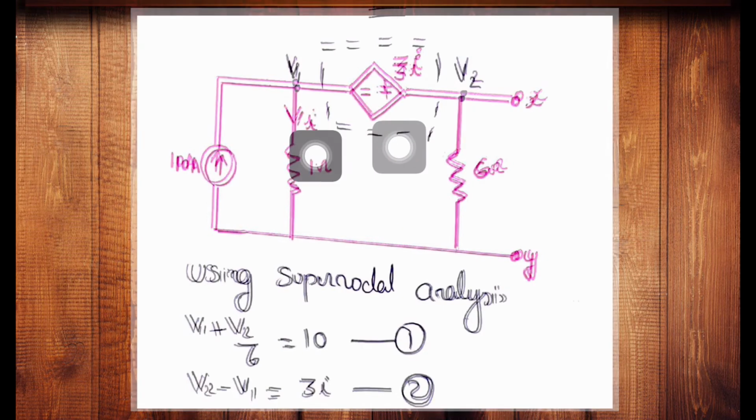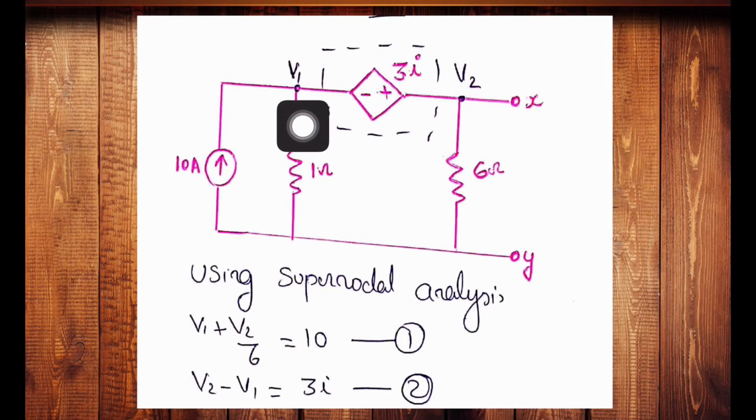Alright. At node V1, we have one incoming current 10 ampere and one unknown current through this 1 ohm. When we write KCL at V1, this unknown current should be considered as outgoing current. On the other hand, at node V2, we have one unknown current through the 6 ohm and it should be considered as outgoing current at V2.